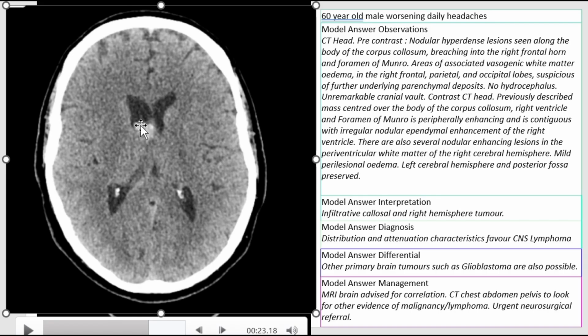As you know, the foramen of Monro is the connection between the frontal horn of the lateral ventricle and the third ventricle. So these lesions are seen reaching into the right frontal horn and the foramen of Monro.